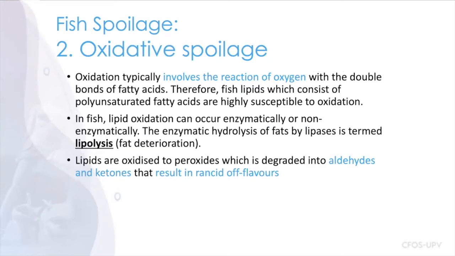Oxidation typically involves the reaction of oxygen. So that's why for you to suppress or to reduce oxidation of your fishery products, you have to apply certain methods in your packaging.